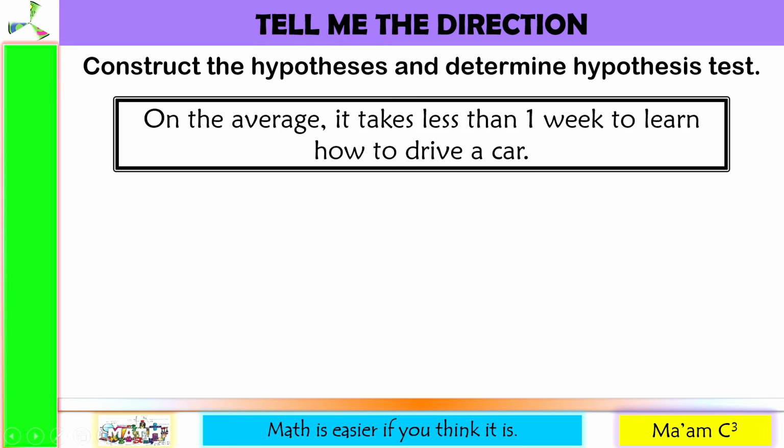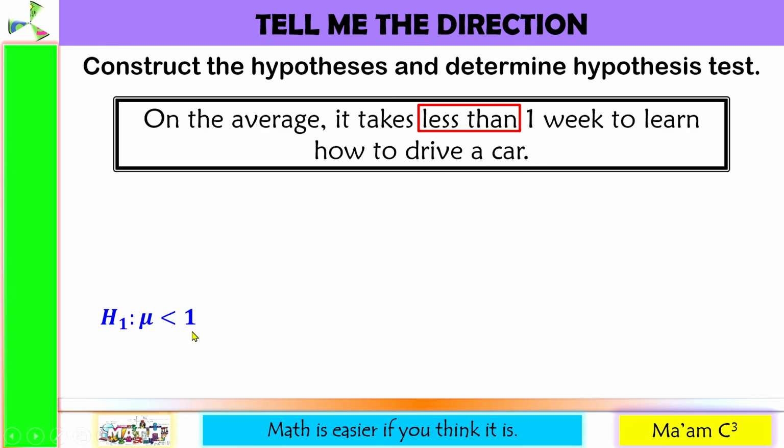Last one, on the average, it takes less than 1 week to learn how to drive a car. First step, what is our parameter? It is average. And the claim is that it takes less than 1 week to learn. So less than falls on our alternative hypothesis. So we have H sub 1, mu is less than 1.